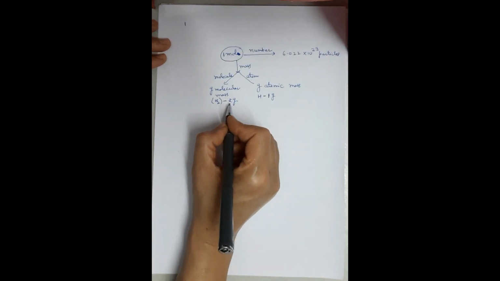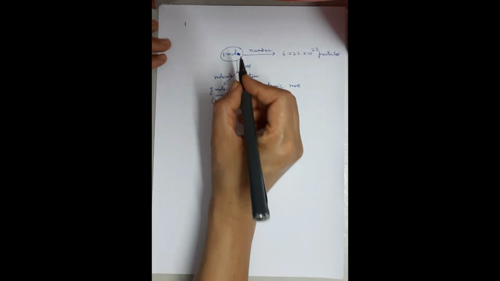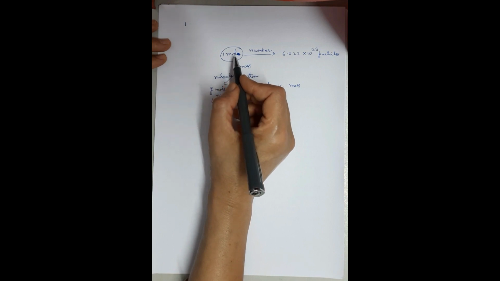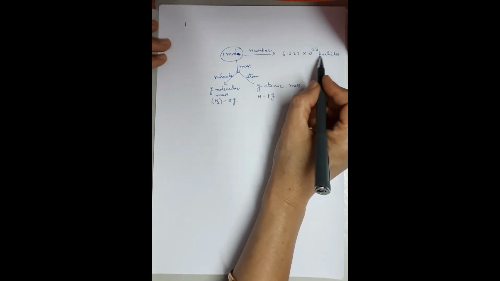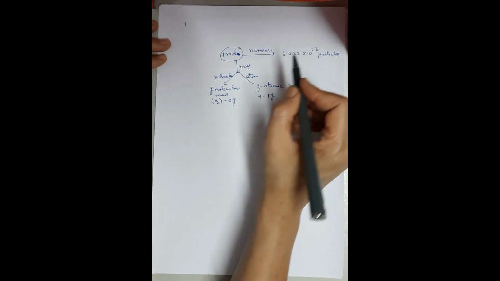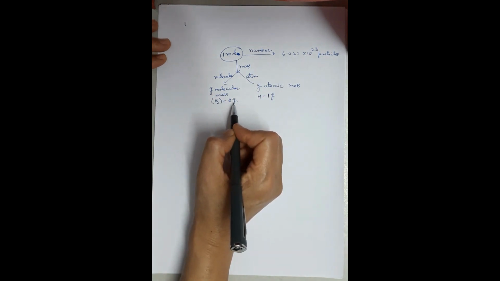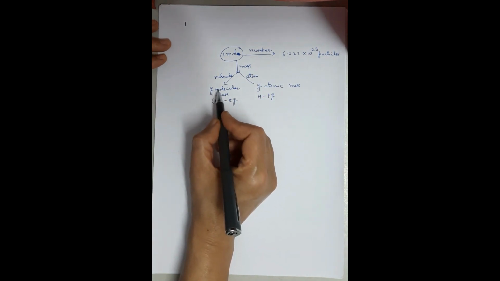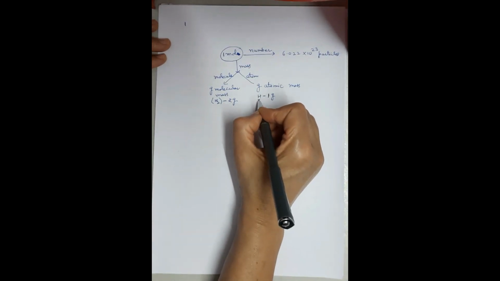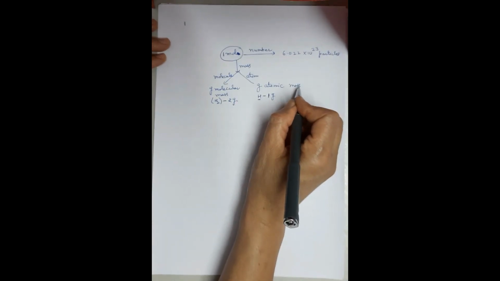So you'll say 2 gram of hydrogen molecule is equal to 1 mole. It means the mass of these many molecules of hydrogen is equal to 2 gram. So it is called gram molecular mass because it is the molecule, and for an atom, it is called gram atomic mass.